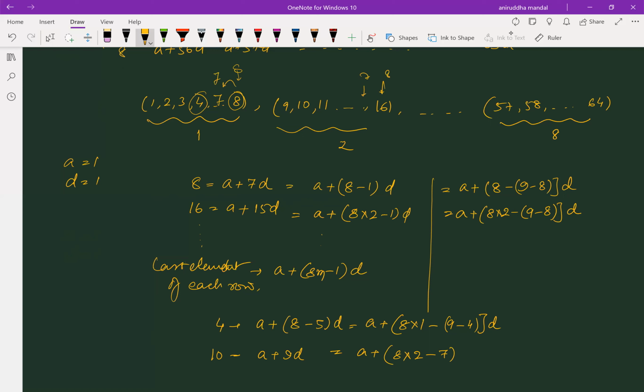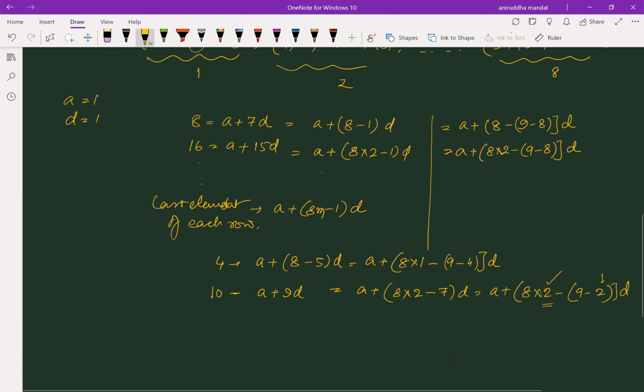So 7 can be written as a plus 8 into 2 minus 9 minus 2. So you see, this is the row number, and this is the column number.